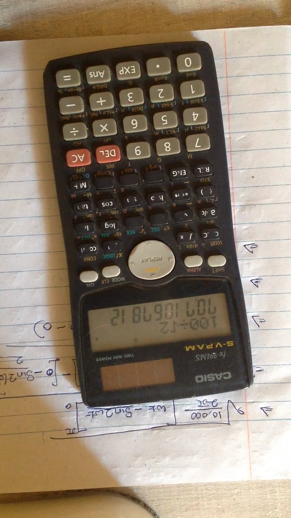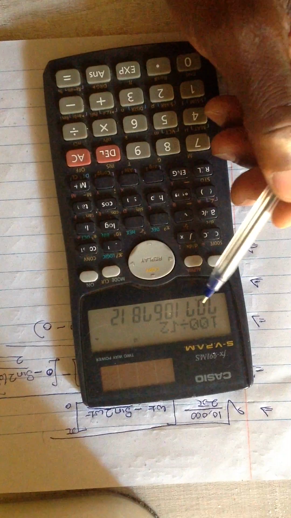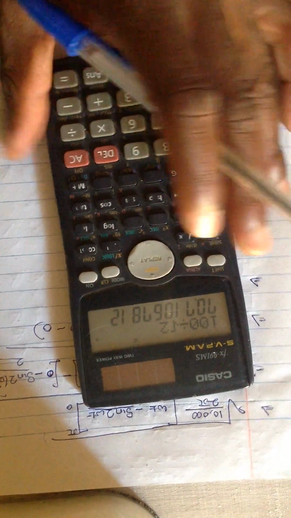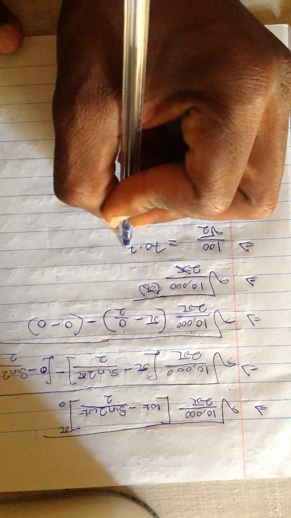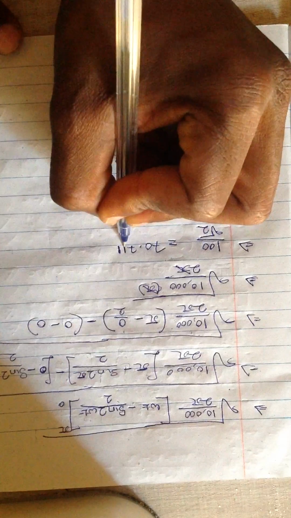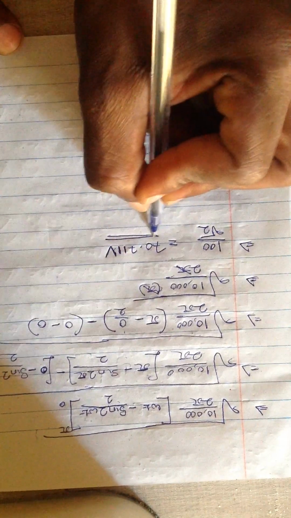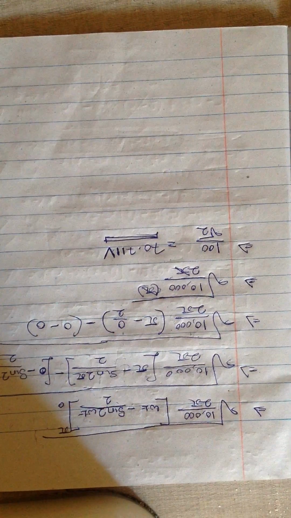You're going to have 70.71. When I round this off, it will be 70.711. So it equals 70.711 volts. Remember, we are calculating the voltage, so this becomes your final answer. Thank you for following. We will proceed to the next question, question 5b.